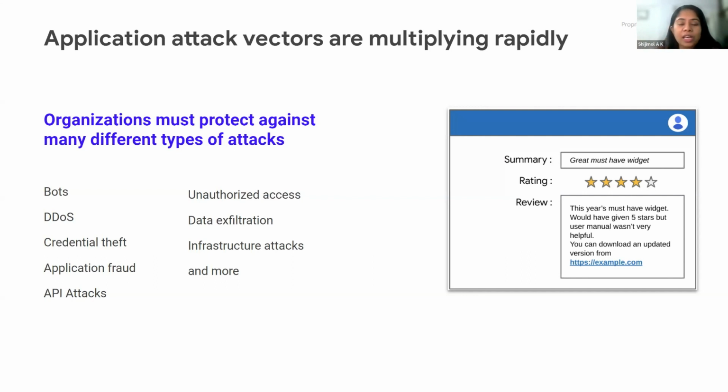Financial frauds, application frauds, and applications exposing APIs that can be accessed or misused by attackers. Infrastructure level attacks also happen, exploiting infrastructure level vulnerabilities. For example, your operating system is not patched, and that vulnerability can be exploited by an attacker. That is a more traditional way of attacking, but it still exists along with other ways of access as well.